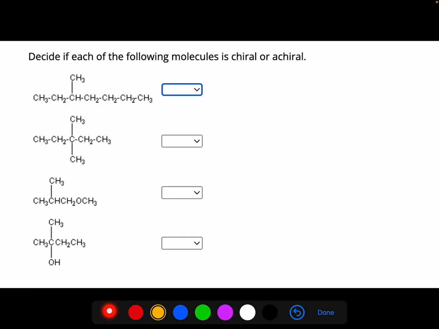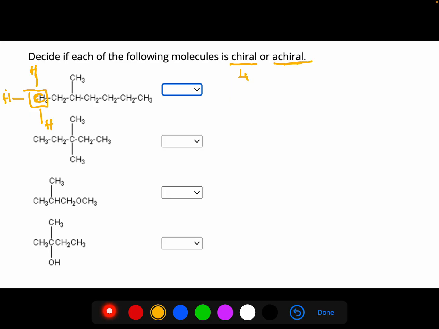If I choose this first CH3, what does CH3 mean? Basically, C is here, it's connected to hydrogens, right? So this carbon is connected to 1, 2, 3 hydrogens. Remember, for a chiral carbon, there should be four different groups attached to the carbon. If there are two or more the same, then we call it achiral.